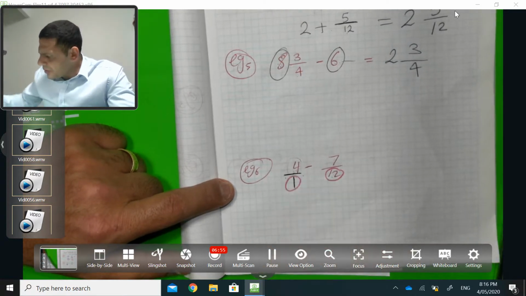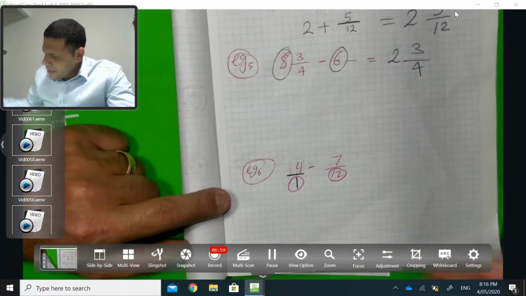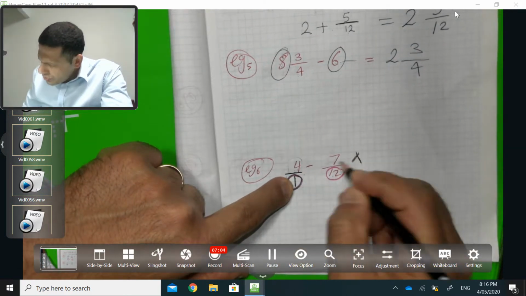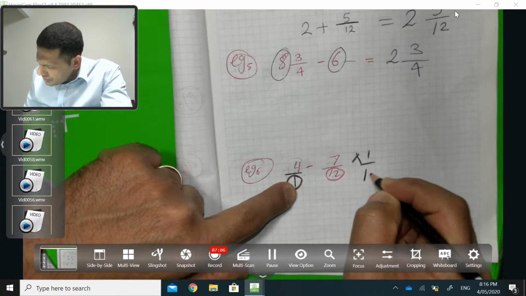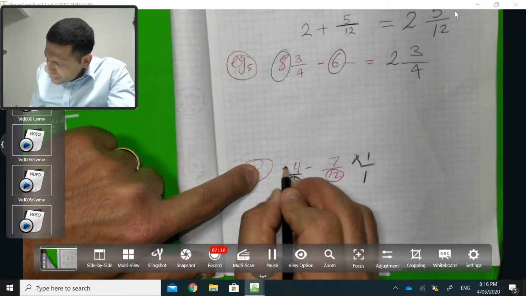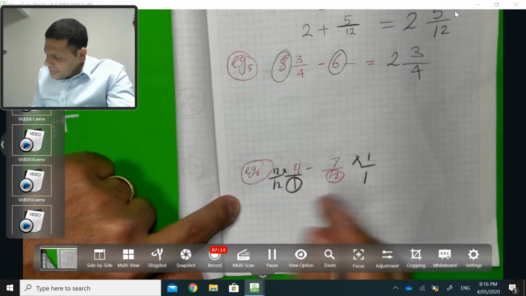We have different denominators. What can we do? This fraction you multiply by 12 over 12, and this one by 1 over 1. Good job.